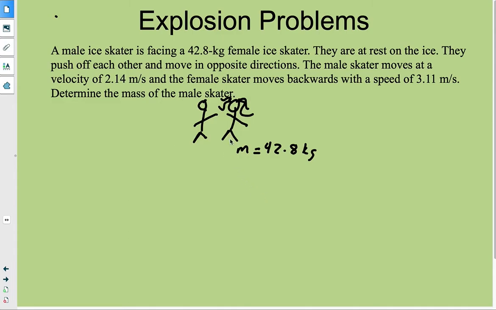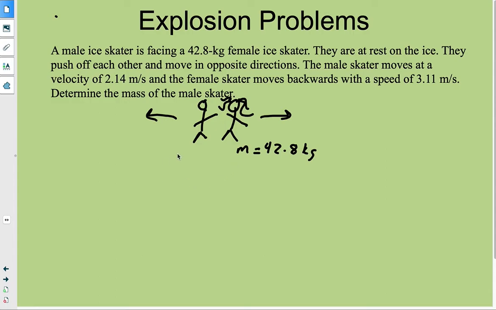Okay. Now they start out at rest on the ice, and then they push off each other. So you may have seen this move if you watch the Winter Olympics or you're into ice skating. So when they push off each other, she's going to go in this direction. He's going to go in this direction. Now they'll have the same momentum. All right.